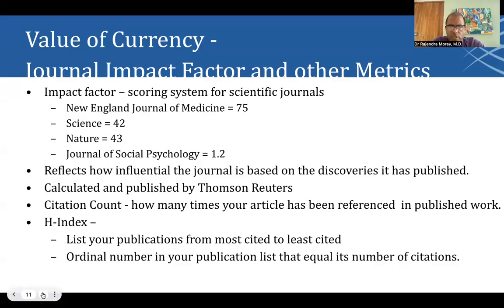And there's also another metric called H-index that lists your publications from the most cited to the least cited. And it basically calculates or records the ordinal number in your publication list that equals the number of citations it's received.